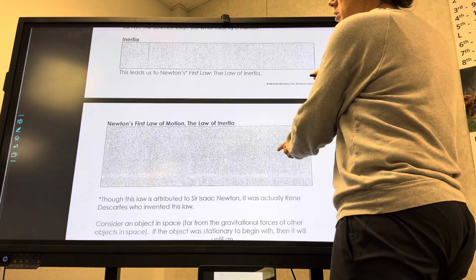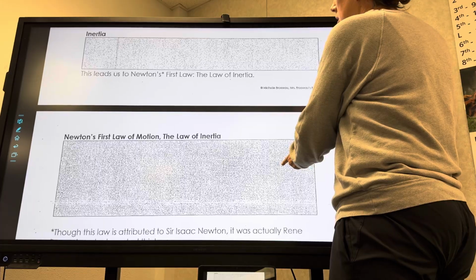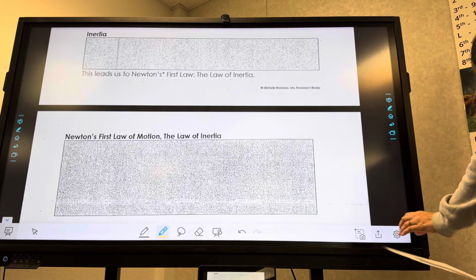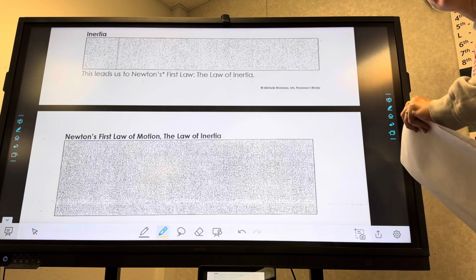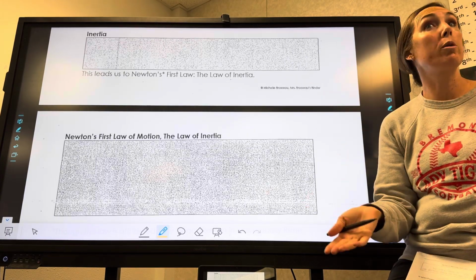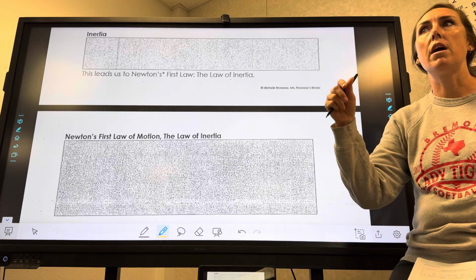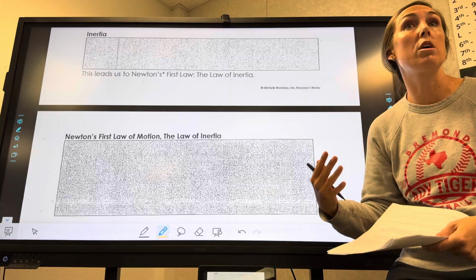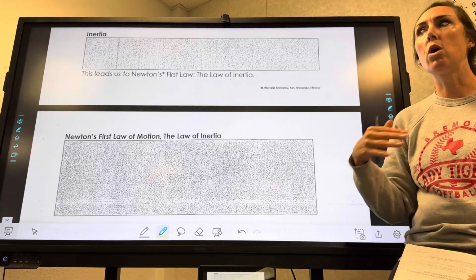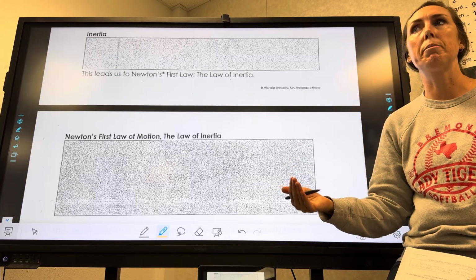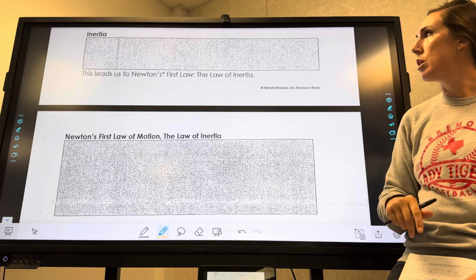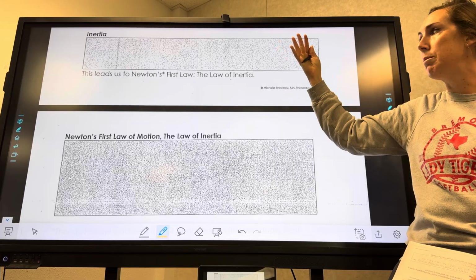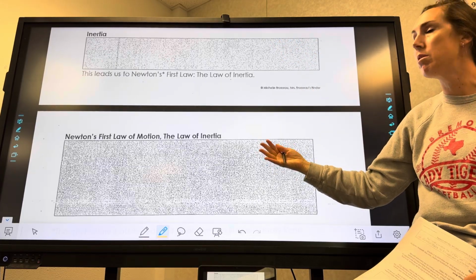Okay, so what did we say inertia was yesterday? It's an object's tendency to keep on doing what it's doing. So guys, if an object is still, it's going to stay still until something pushes or pulls on it to make it not still. If it's going, it wants to keep on going until something opposes it, which is mostly friction. So they talked about inertia before they named Newton's first law of motion, also the law of inertia.